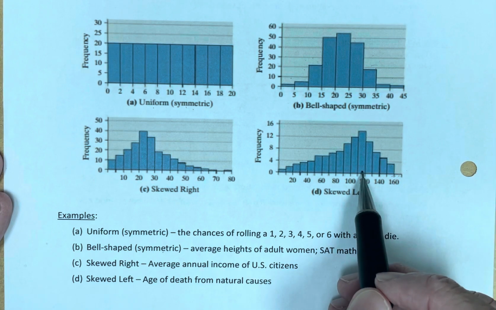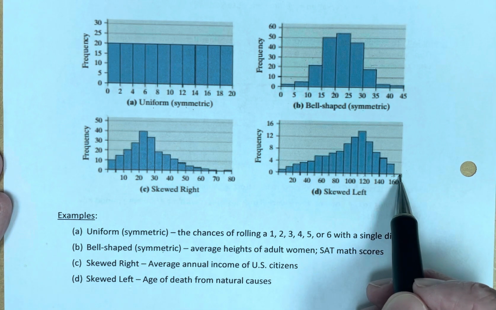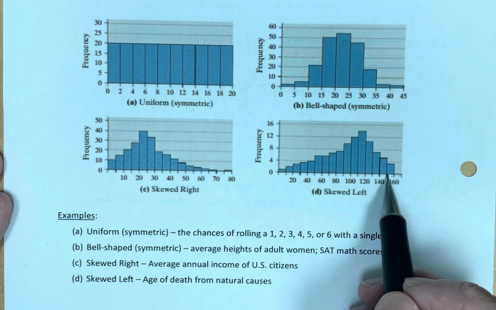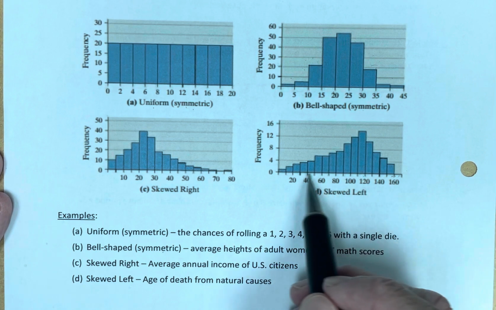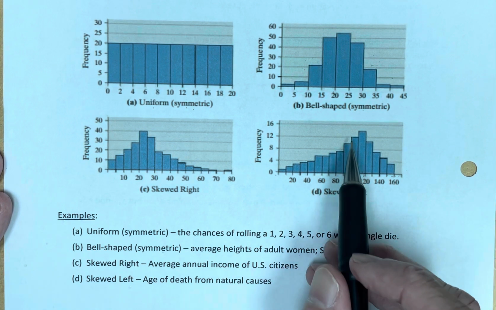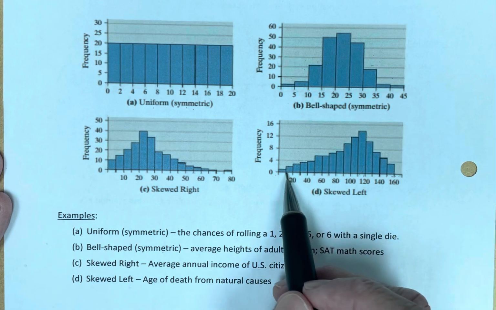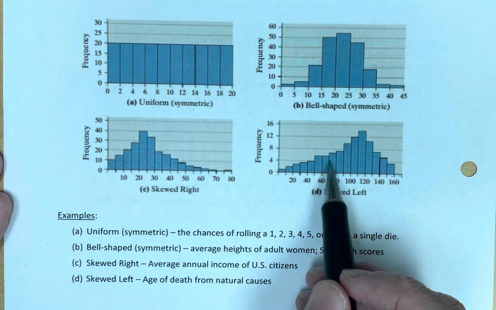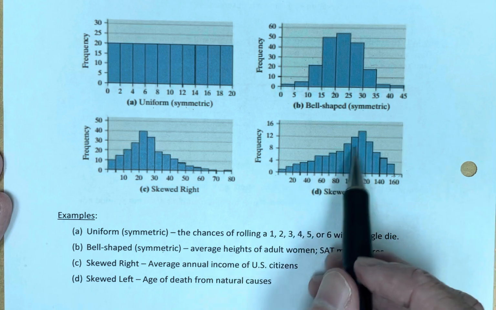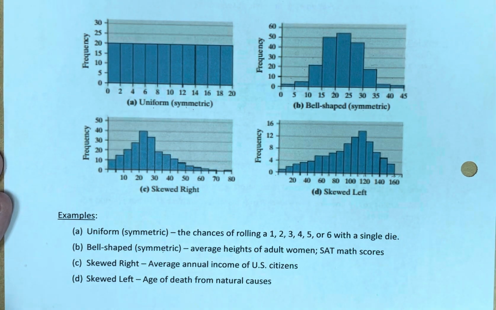Let's say the average age is 80 when people are dying, or 75. Well, from 75 to 100, that's only 25 years, whereas you have people that are dying between 0 and 75. A lot more possible numbers down here, and that results in this skewed left diagram here.